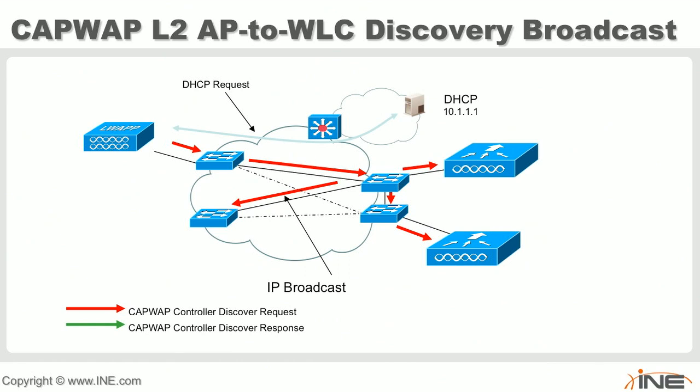It's a layer 3 IP broadcast. All bits are set to 1, so 255.255.255.255, and it's going to attempt to find a WLC to associate to. Assuming that it's there, the WLCs will respond, and we'll talk about how the AP deals with multiple responses in a moment.